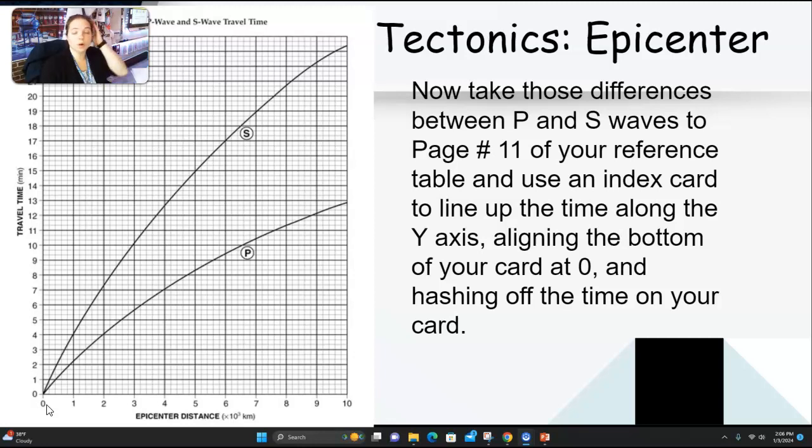Or what you could do, because we know the time difference, say there's a 5-minute difference or something like that, I can mark it off like this. I'm hoping you guys can see it. There's the 5, there's the 0. You mark it off like this, and then you can pull it along the inside. The third way you can do this is you can count on the inside how much time you need.